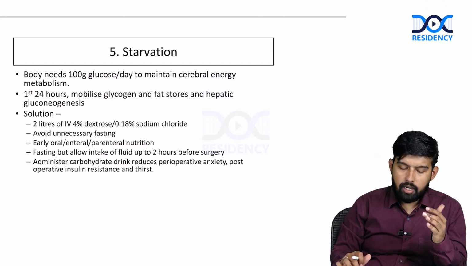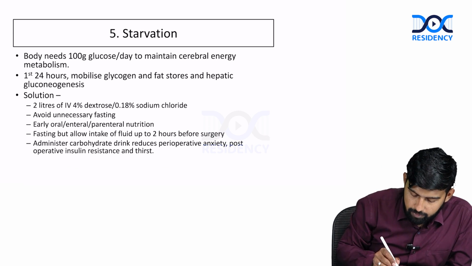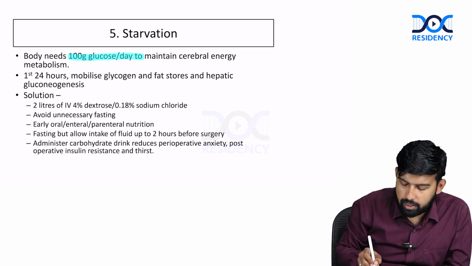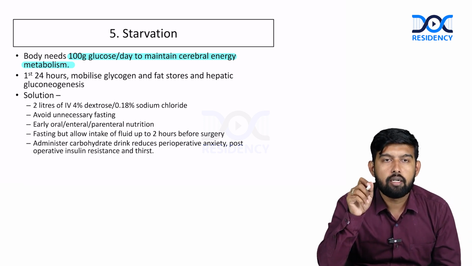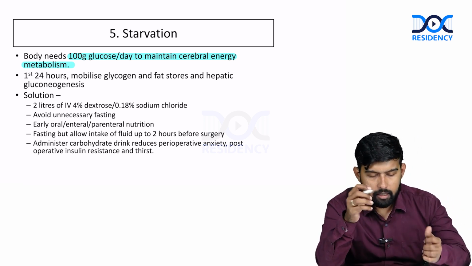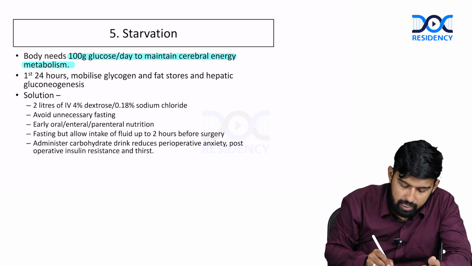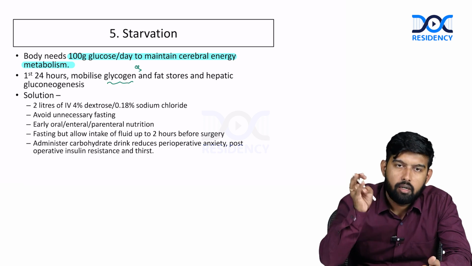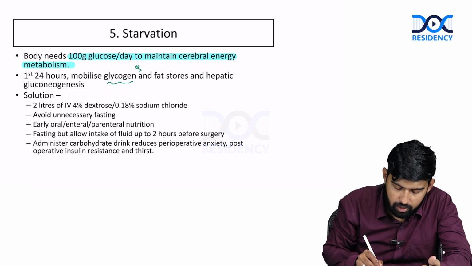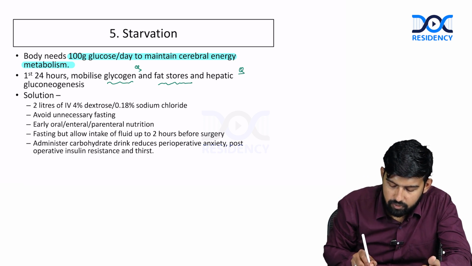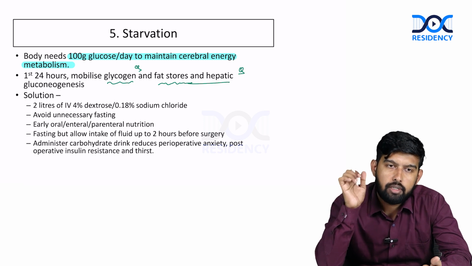Another avoidable factor is starvation. Generally the body needs 100 gram of glucose per day to maintain cerebral energy metabolism. So in the first 24 hours, the initial period of starvation, glycogen is mobilized from the liver and muscles, and ultimately the fat stores and the hepatic stores are utilized as a source of energy in the form of gluconeogenesis.